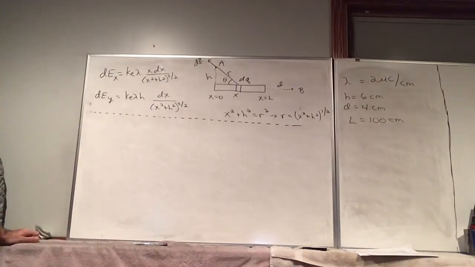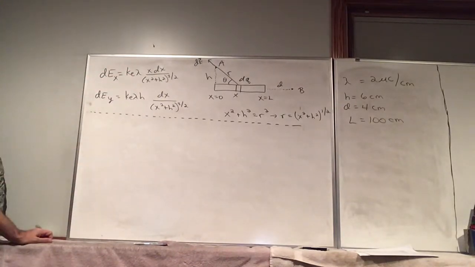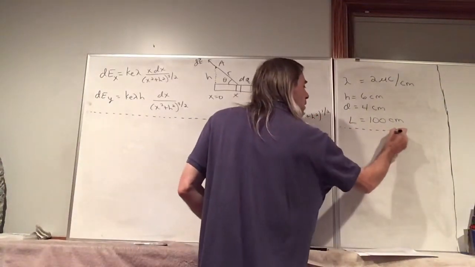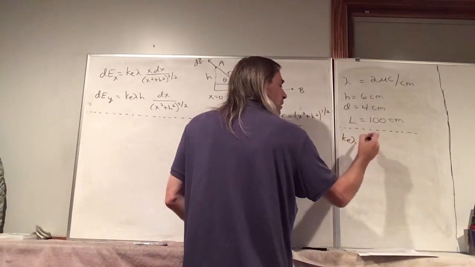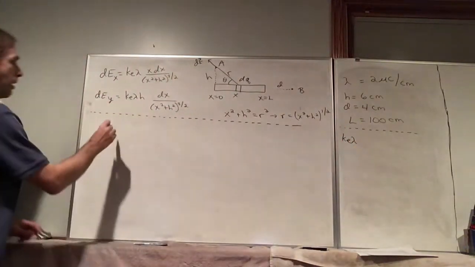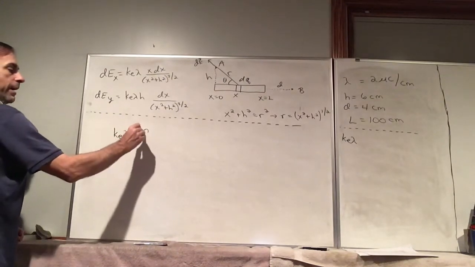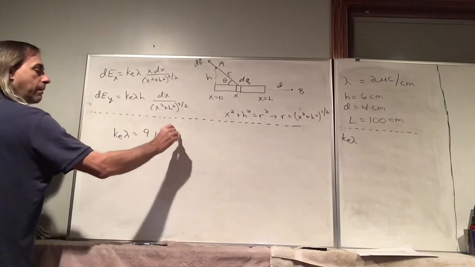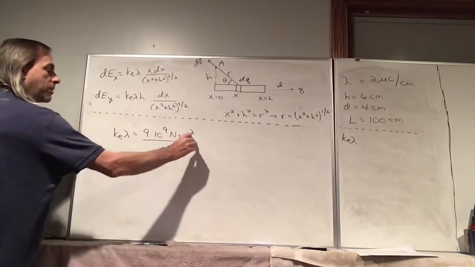So let's see. I wonder if we want to do ke lambda. We're going to have that term in both, so let's just get a number for that. Actually, let's do it here. So ke, that's our electric constant, 9 times 10 to the 9th Newton meters squared per coulomb squared.